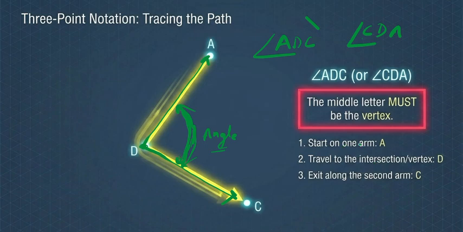So start on one arm, A, travel to the intersection or vertex. Intersection means where the two lines intersect. Then D, exit along the second arm, and finish the name of the angle at the second arm. So this is how we name the space between these two lines.